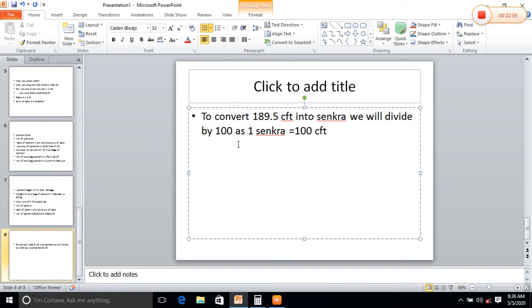To convert 189.5 cubic feet into sekla, we will divide by 100, as 1 sekla is equal to 100 cubic feet.